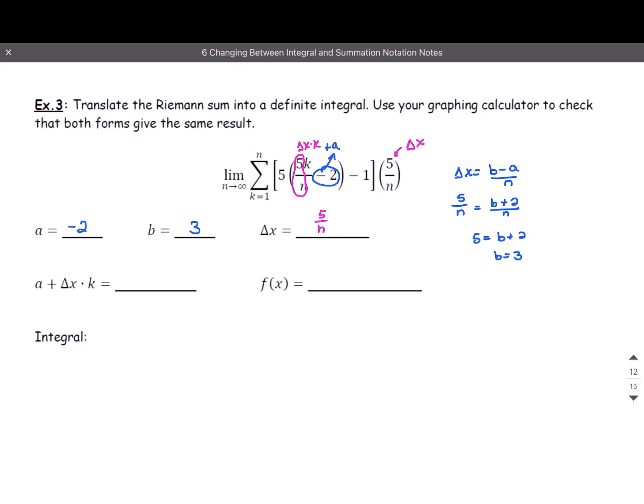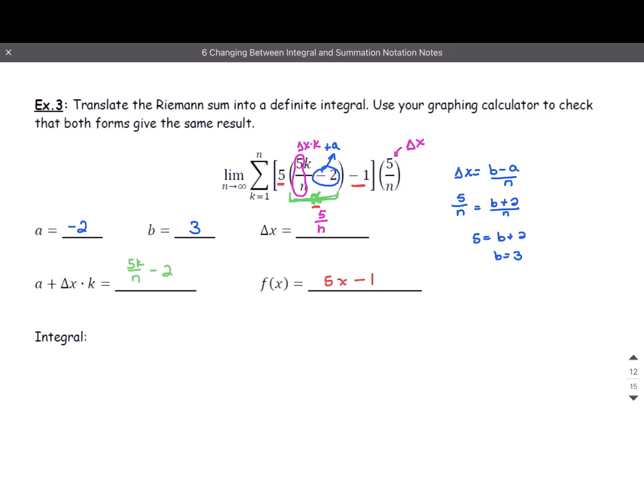Now, what is the a plus delta x k? That's this part in here that's in that parentheses, right? The negative 2 plus 5k over n, and we had minus 2. Now, if that's the x value, that's the x sub k, so we're going to call that x. Now we're going to read the function 5x minus 1. That's our function.